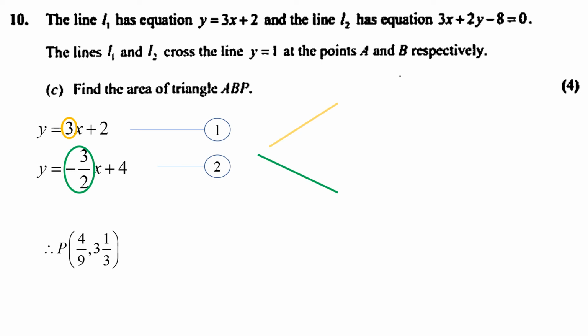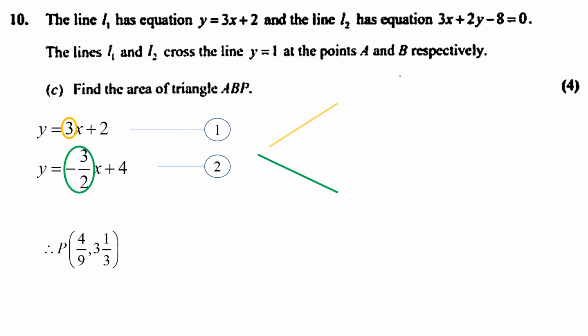So for line 1, it has a positive gradient of 3 and a y-intercept of 2. With a positive gradient, it will be a straight line sloping upwards, like shown on the right with the straight line in yellow. With the same concept, line 2 has a gradient that is negative 3 out of 2 and a y-intercept of 4, so it will slope downwards. Now the intercepts are just extra information.